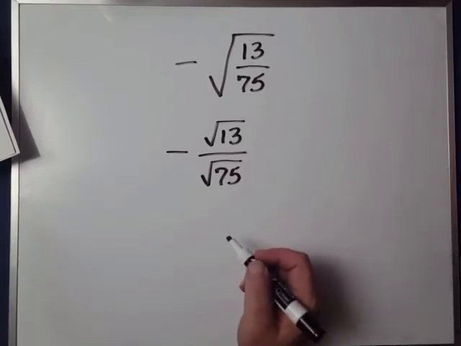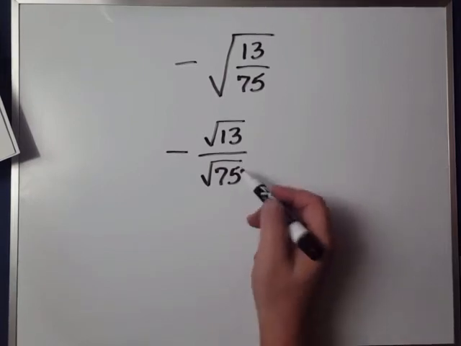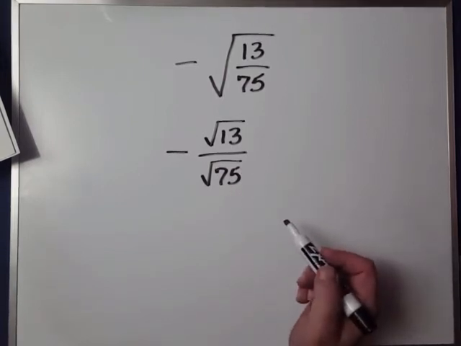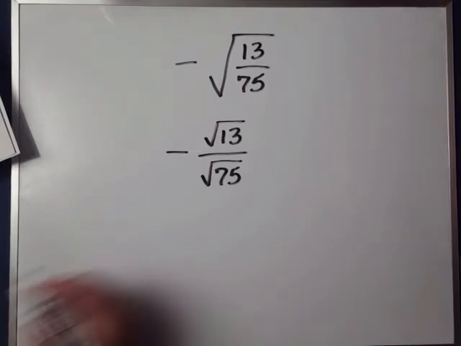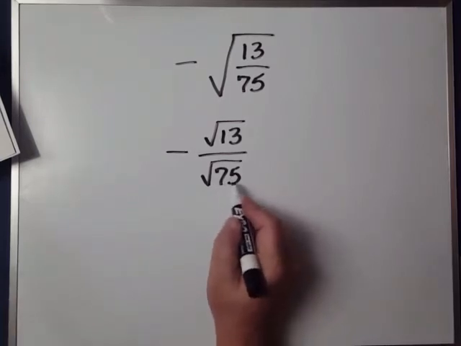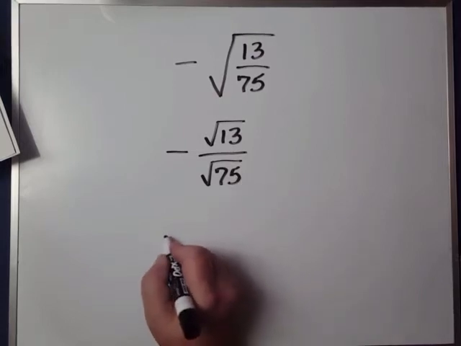However, we've got a radical in this denominator. So we need to deal with that. We need to rationalize this denominator. And the first thing I'm going to do, like we did in the last problem, is notice that this 75 contains a factor of 25.